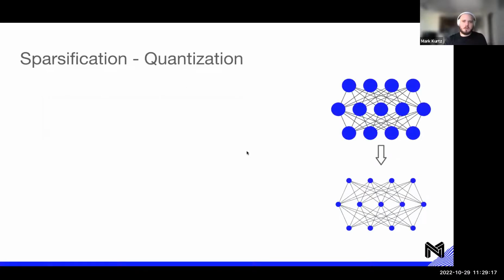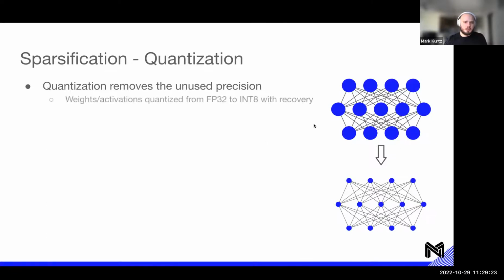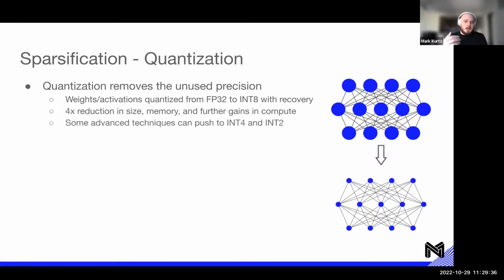Okay, great. From the quantization side, quantization removes the unused precision in the network, right? So weights and activations generally quantize from floating point 32 to INT8 with recovery on these. It's a 4x reduction in size and memory, and you can get further gains in compute depending on the hardware. And some advanced techniques can push to INT4 and INT2.